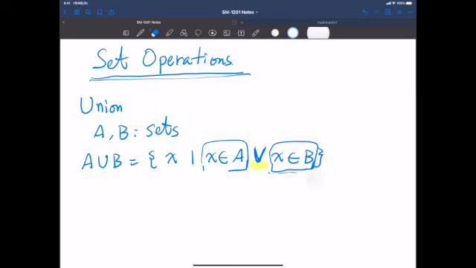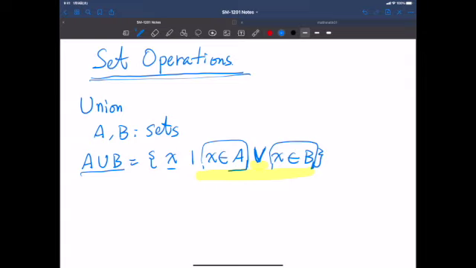So this part is another proposition that defines each element of the union of A and B.